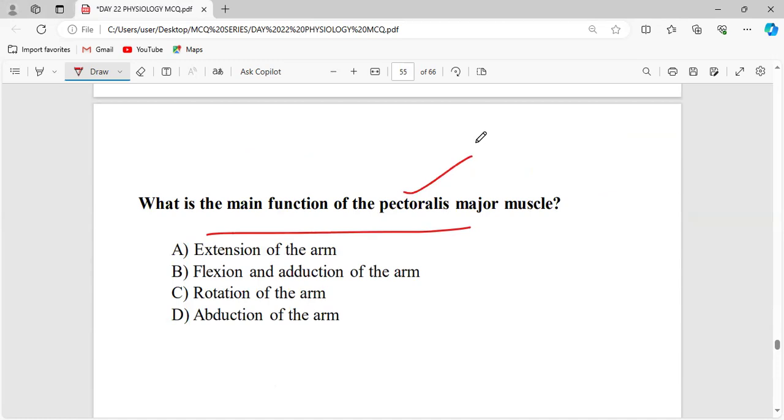What is the main function of the pectoralis major muscle? We have a pectoralis major and pectoralis minor. And what is the function of the pectoralis major? Extension of arm, flexion and adduction of the arm, rotation of the arm, abduction of the arm.